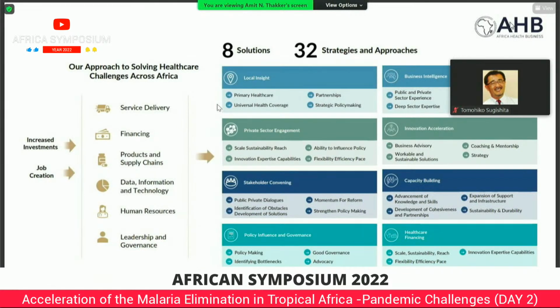There is another area that the private sector is doing very well and is supporting the systems across countries. It's called products and supply chains. And in this place we have pharmacies, we have wholesalers, we have distributors, we have importers, and we also have manufacturers.